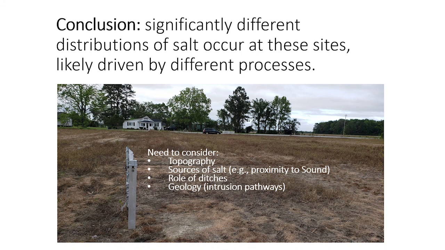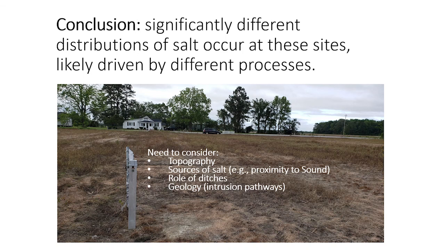So in conclusion, we can really see very different kinds of salinity distributions from Pasquotank County, really concentrated right at the soil surface, versus Hyde County, where we're really seeing that salinity occur further down in the subsurface. And so those are really different indicators of probably different things going on in terms of the processes driving and controlling salinity at these sites.